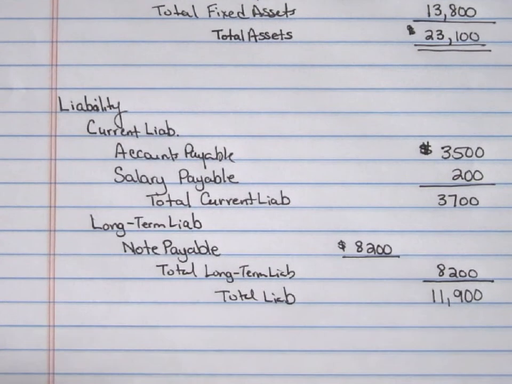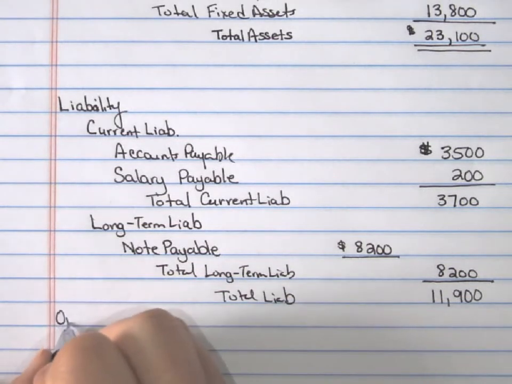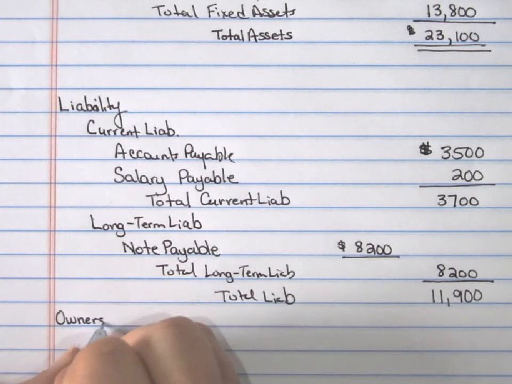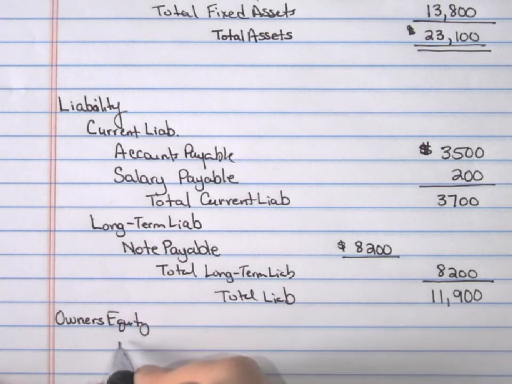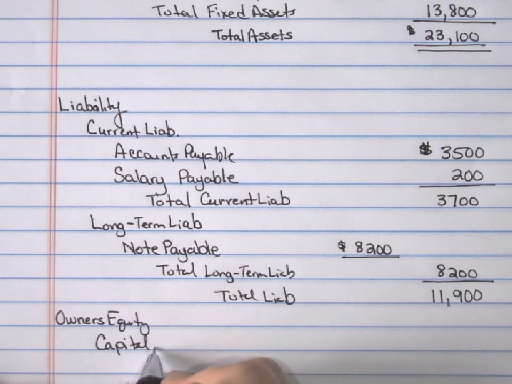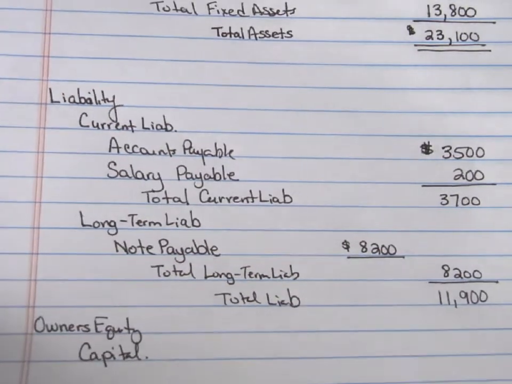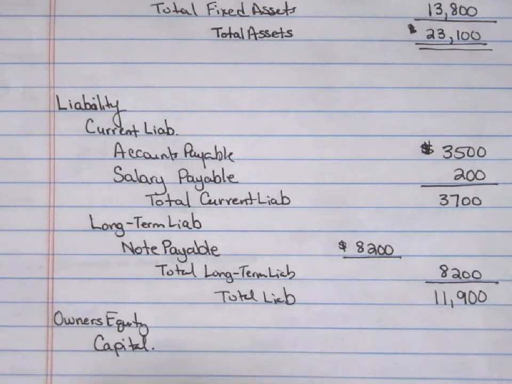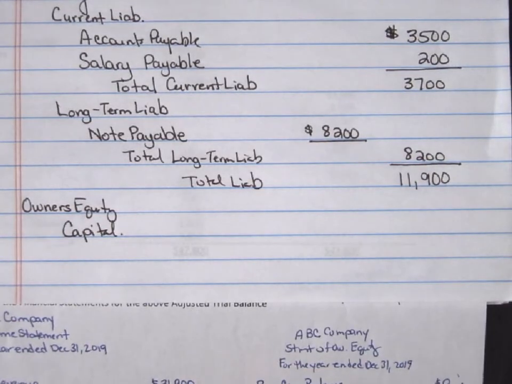Now the next thing I am looking at is the capital. So if I come in here and I'm looking at that owner's equity part, the owner's equity part is going to be showing that capital account, and so I would list out the capital. Now remember, what I'm using for the capital account is what I had on that statement of owner's equity.